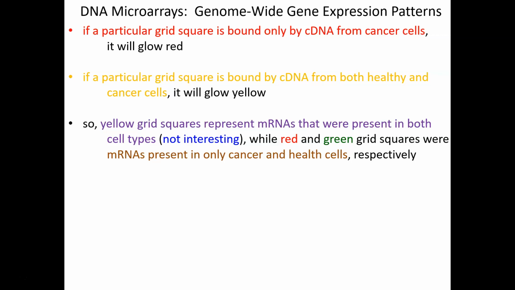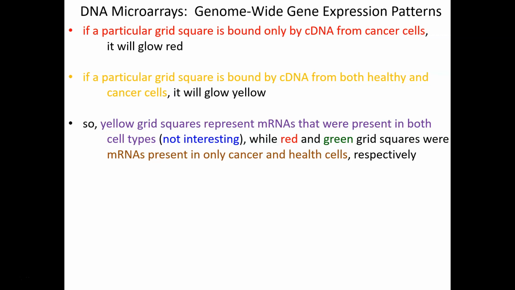So yellow grid squares on a microarray represent the presence of messenger RNAs that both cells were making. In other words, those genes were on in cancerous cells, and those genes were also on in the healthy cells. Red glowing grid squares represent genes that were expressed only in cancerous cells.